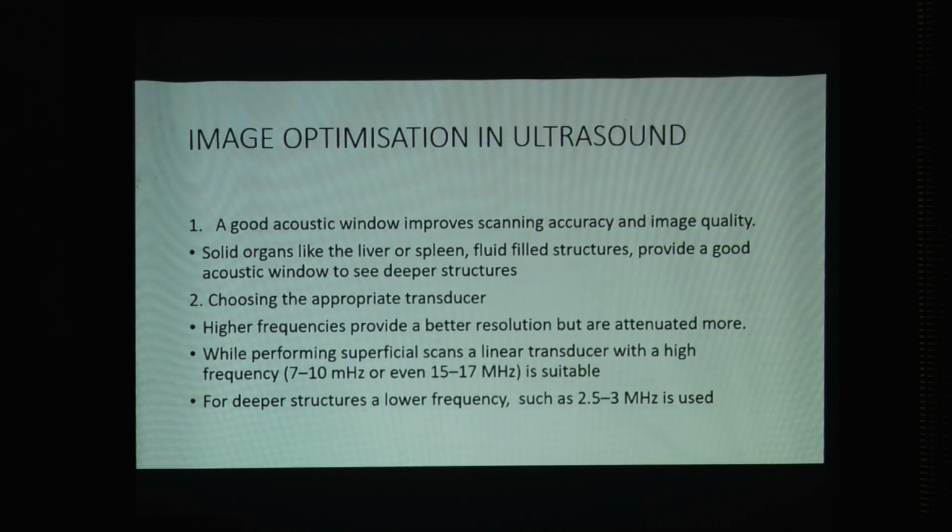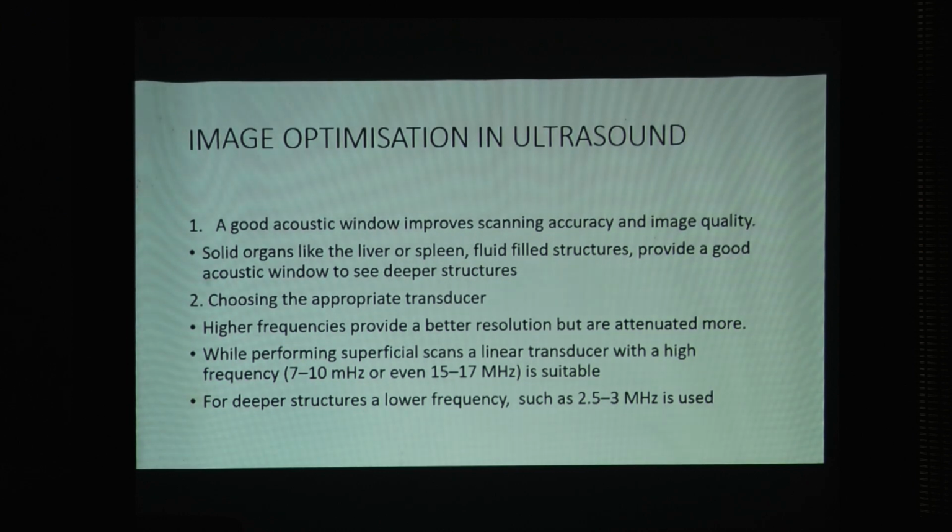Ultrasound needs a good acoustic window for getting an image of good quality. The solid organs like liver, spleen, fluid-filled structures, etc. provide a good acoustic window. Air, bone, etc. reflect the sound waves and so degrade the image. So appropriate transducers should be selected.